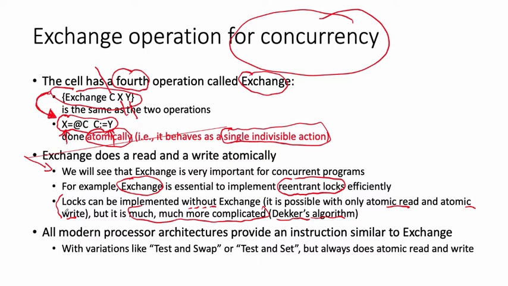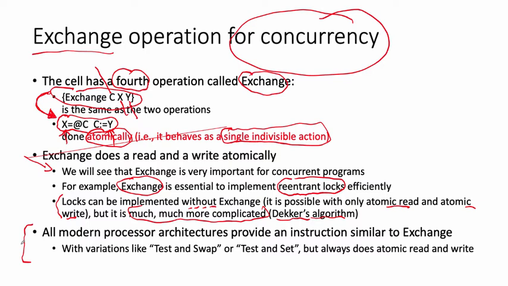So we will have this fourth operation, exchange. Note that I'm not just inventing this operation for this course. All processor architectures, the Intel Core i7, whatever, all of the ARM processors, they all provide instructions that are like exchange.